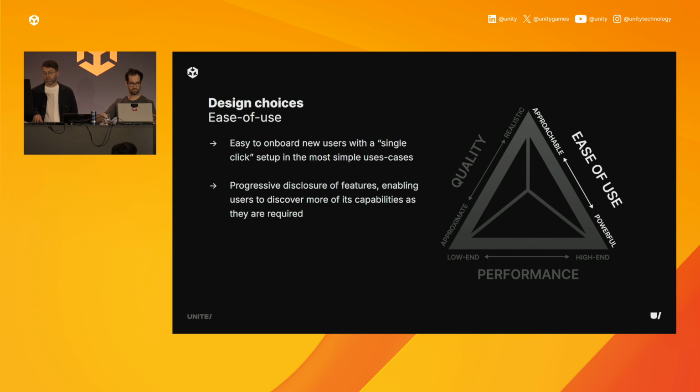So to those ends, progressive disclosure of complexity became a key design pillar when we thought about the workflows for APV. In the simplest case, we offer beginners a one-click setup. You just click Generate Lighting, and you get some plausible results. And for many users, that's going to be enough. But at the higher end, professional users need to be able to highly polish and optimize the results that they get using tools with fine local control.